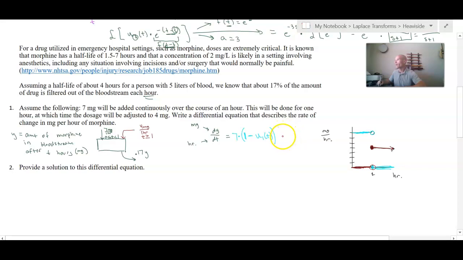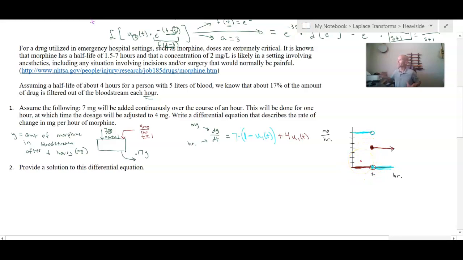So we're going to have plus 4 times the Heaviside. It's going to be the Heaviside at time 1, right? These are both going to involve time 1, because you can think about 7 as being on and then turning off at time 1, and the 4 milligrams being off until time 1 and then turning on.